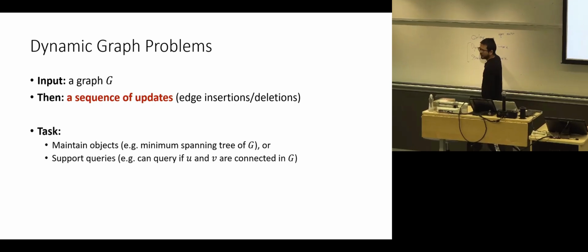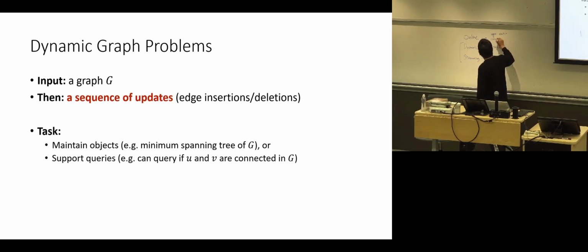The online one usually has one more constraint: you cannot revoke a previous decision.